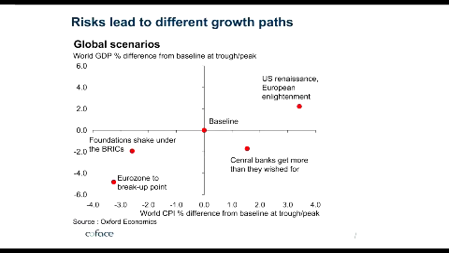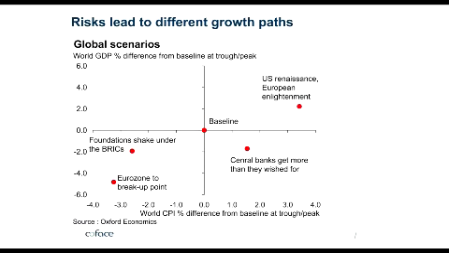And so you can map those risk scenarios, if you like, just to give you some sense of the overall scale. If we start from our baseline, if we saw coordinated issues across emerging markets, that could significantly lower growth.